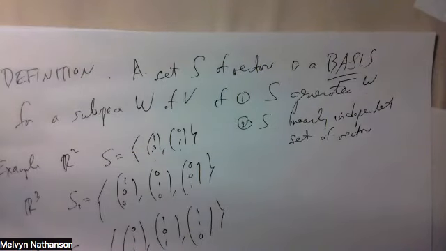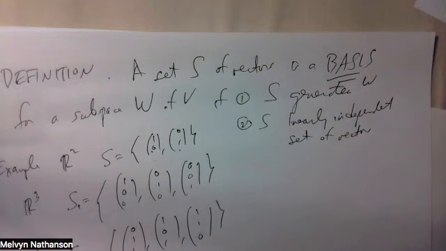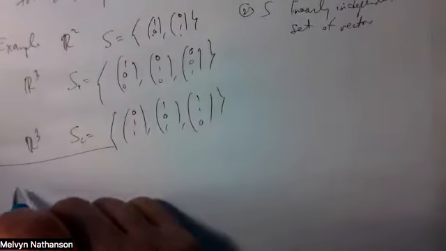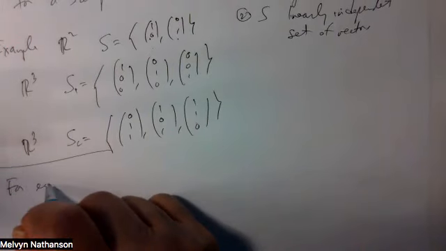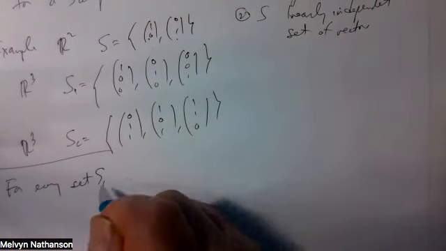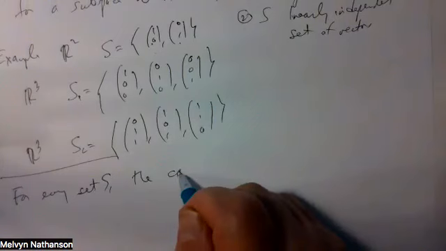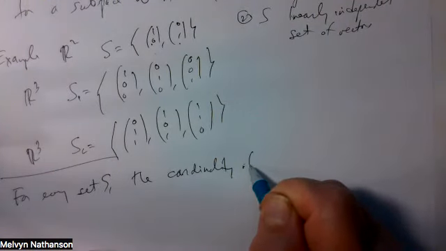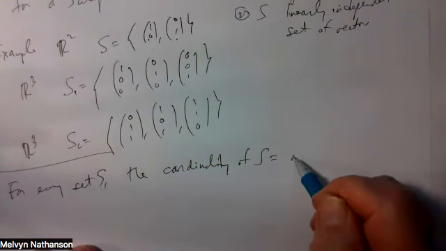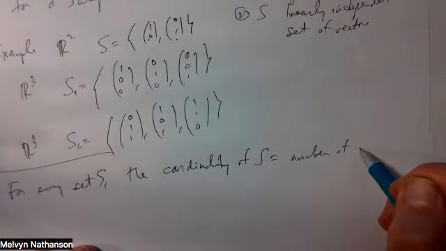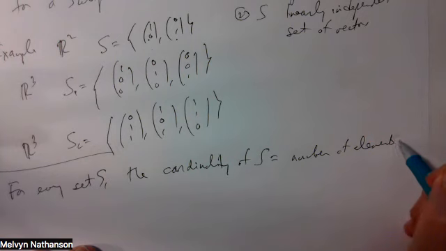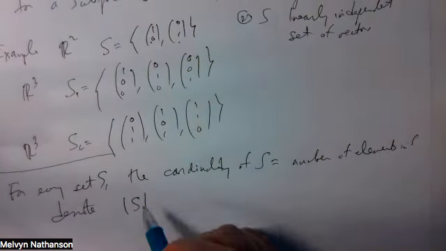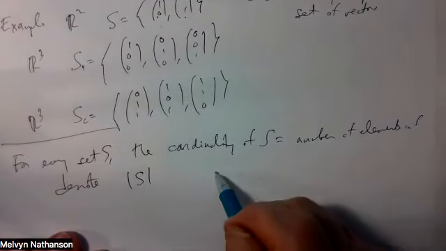So for every set S, what is called the cardinality of S is the number of elements in S, and it's denoted by S with absolute value signs.